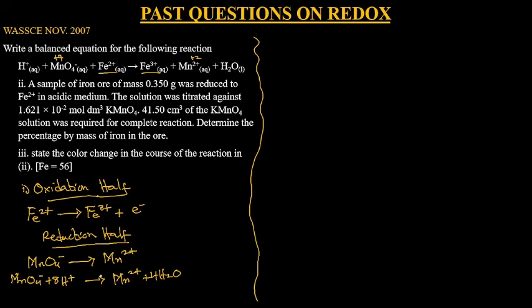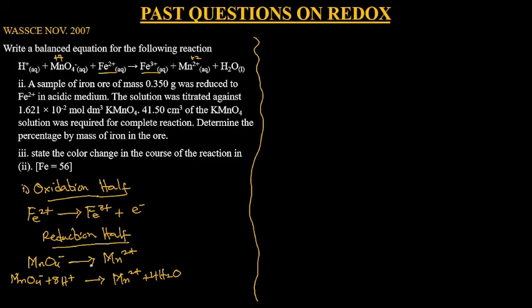To balance the charge, we know that on the right we have a charge of +2. That is a net charge there. Then on the left, we have 8 times +1 gives us 8+. And then we have -1 here. So the net charge is +7. Okay. So we'll have to do something to this to make it +2, just like the right side.